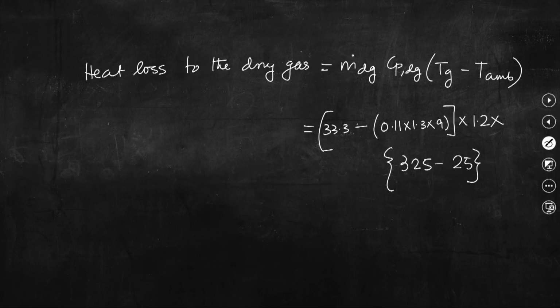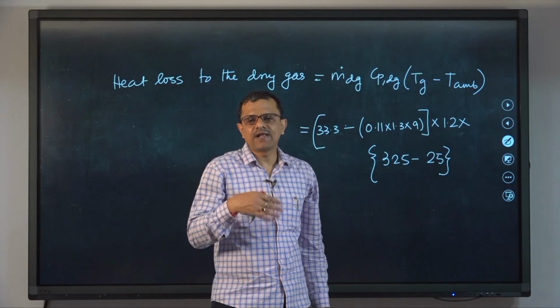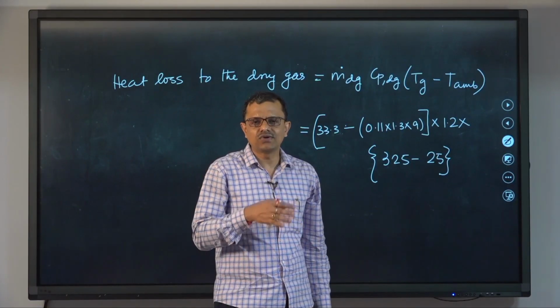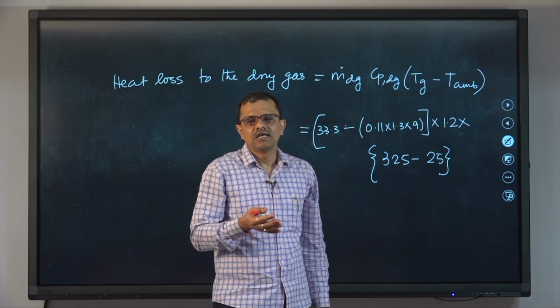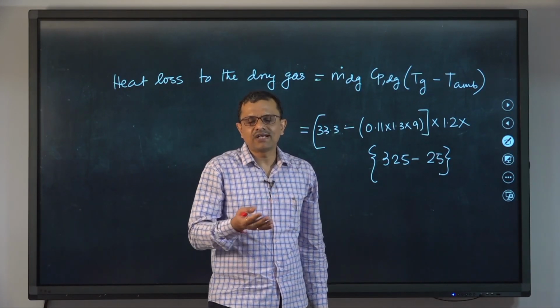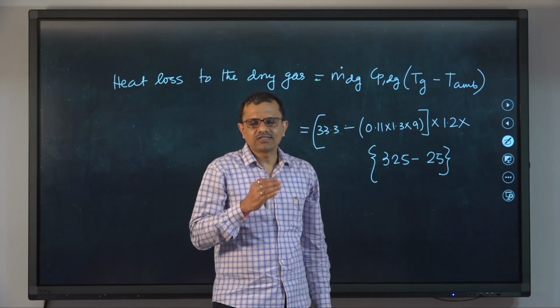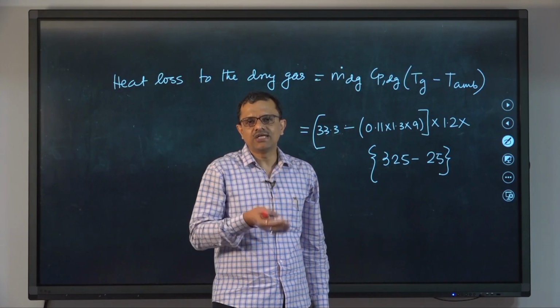Okay. Now, we assume that the dry gas is supplied to the engine and whatever moisture content we are getting in the exhaust gas is solely due to combustion. So, that means the air which is supplied to the engine does not contain any moisture. So, the moisture content in the exhaust gas is solely due to the combustion.